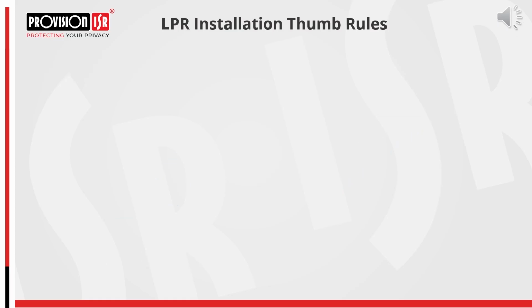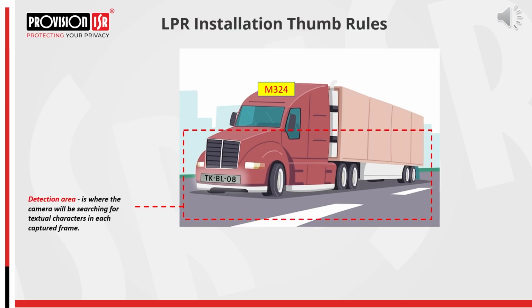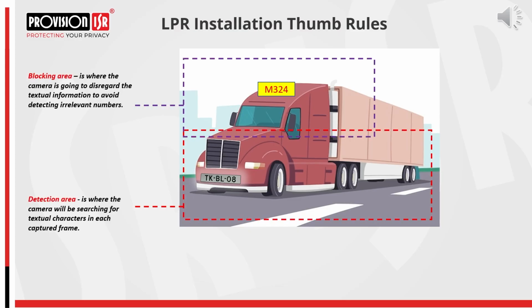Within the camera scene, you can define a detection area where the LPR camera actively searches for textual characters, such as license plates. In addition, a blocking area can be defined to exclude zones where text should be ignored. As shown in the example, a truck may have additional text above the license plate, such as a vehicle or fleet number.